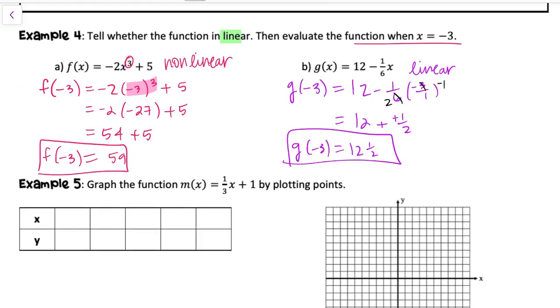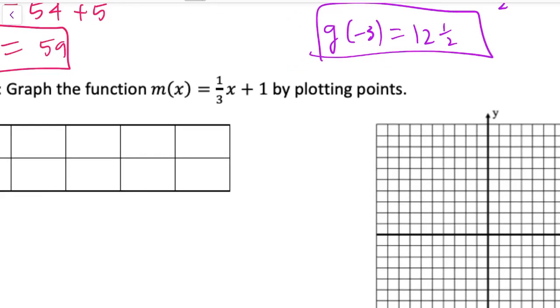Lastly, we are graphing this linear function by plotting points. Now, when we plot points, make your life as easy as possible and pick nice points.